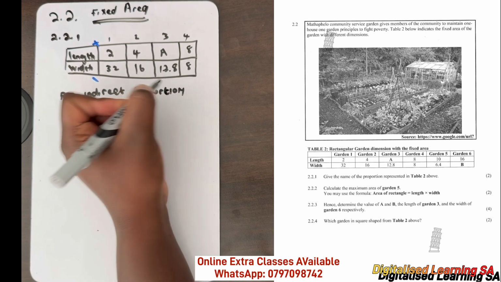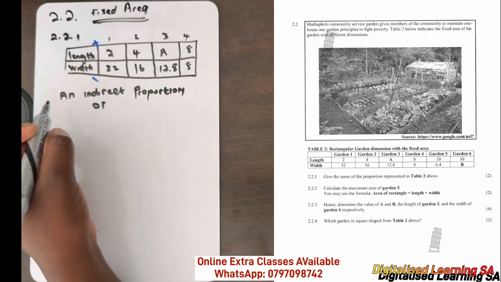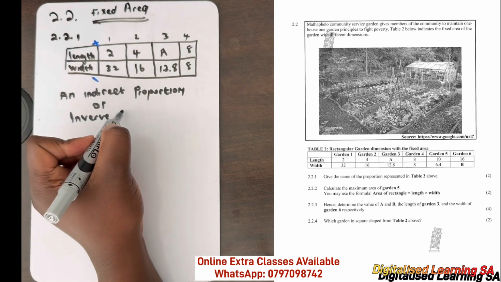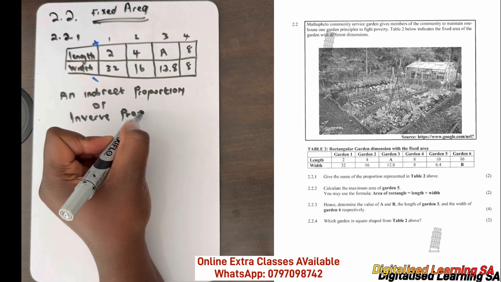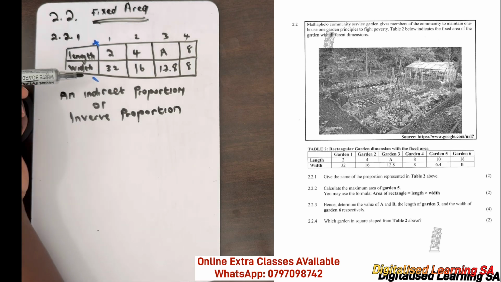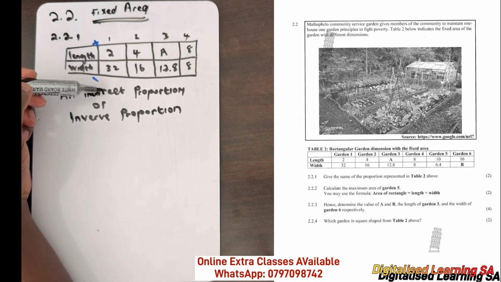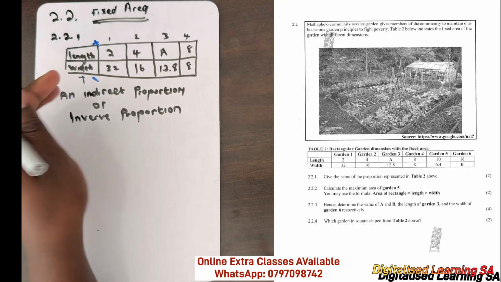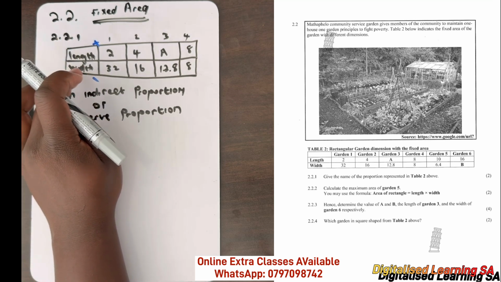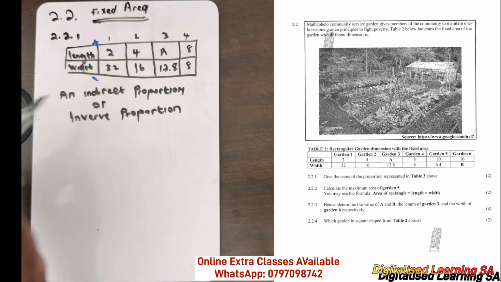An indirect proportion is also called an inverse proportion. If they were both increasing, we would have a direct proportion, not indirect. But in this case, when the length is increasing, our width is decreasing. That's why we have an indirect or inverse proportion.